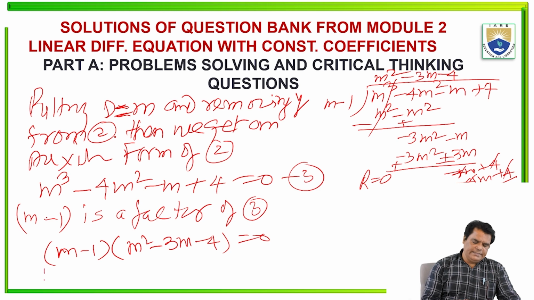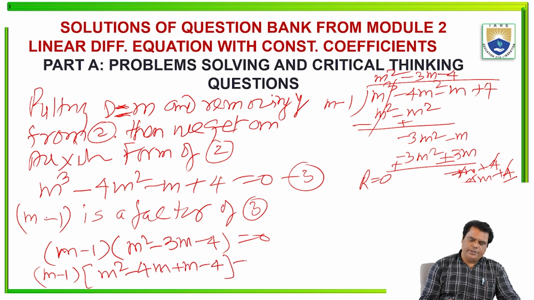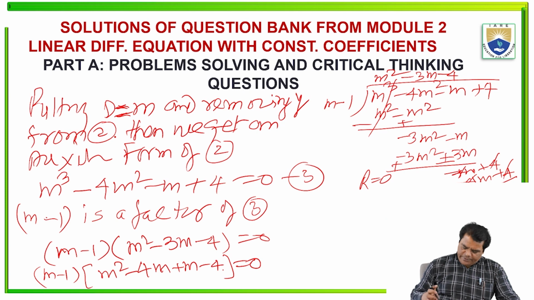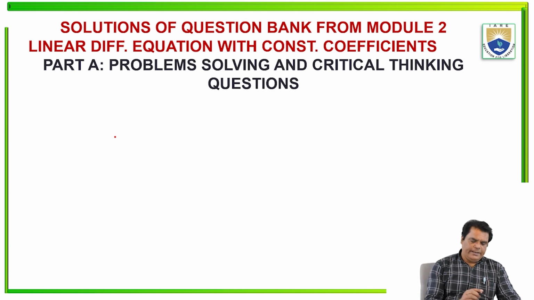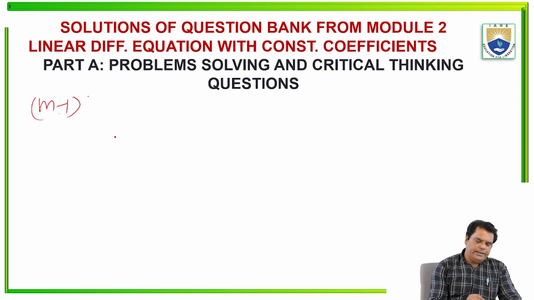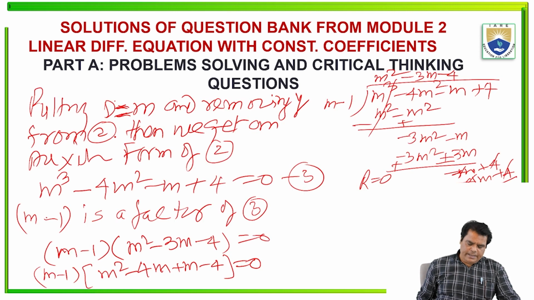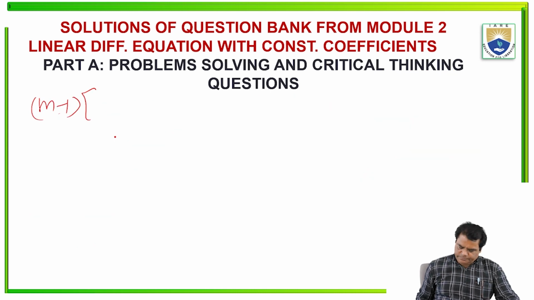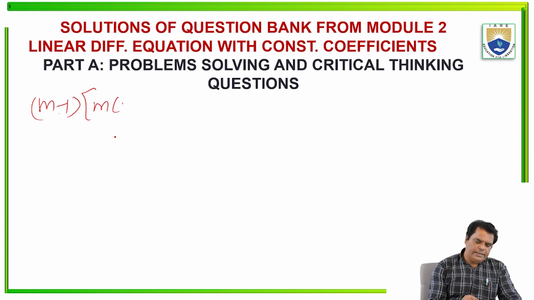So now factorizing this, m minus 1 here, m square minus 4m plus m minus 4 equal to 0. Now factorizing this, in the bracket m common, m minus 4, plus 1 common m minus 4.